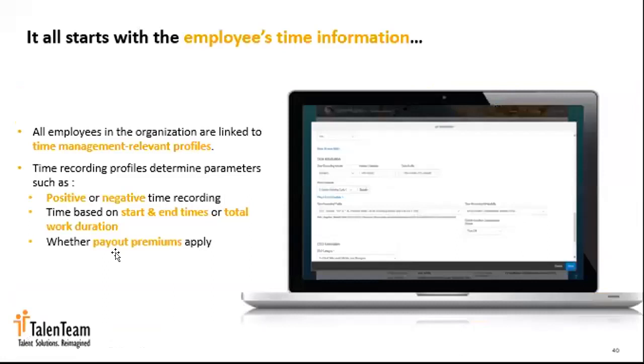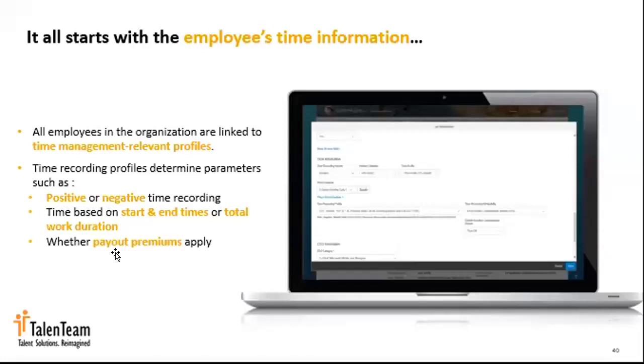Yeah, so it starts from the employee, where the employee will record the time, and it can be either positive or negative time management. If it is positive, then the employee will record by inputting start time and end time. If it is negative time, then the employee will just record the total number of hours that the employee worked.